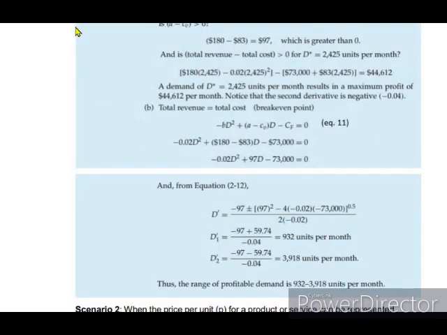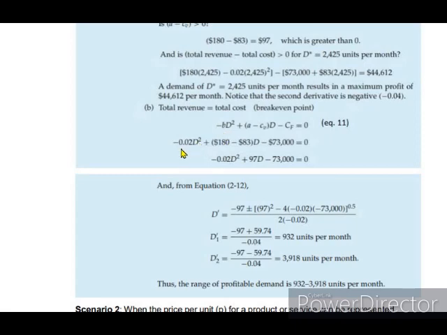So by solving by hand, you have your equation 11 formula. Total revenue is equal to total cost, the break-even point formula. So this is the formula. Just substitute all the givens.